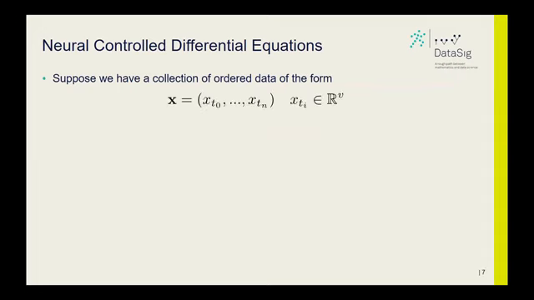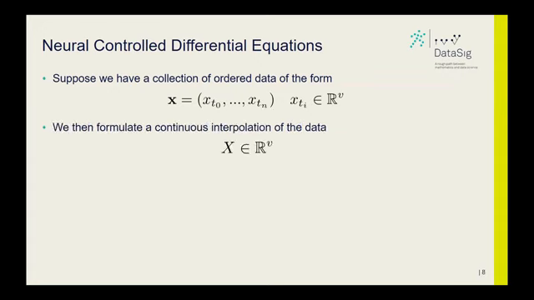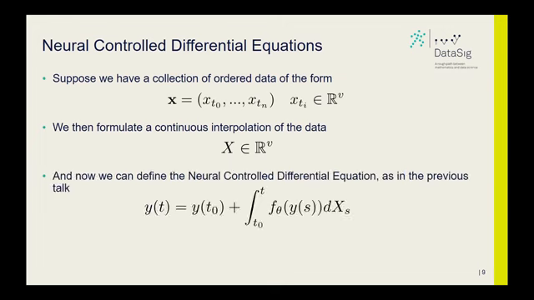So we're supposing we have some collection of ordered data indexed by time here, where each X represents an observation of features that exist in R^v at discrete time points. And so what we do in the CD formulation is we create a continuous interpolation of the data that we'll denote as capital X. And then the neural control differential equation we can now define in the same way as Patrick did.